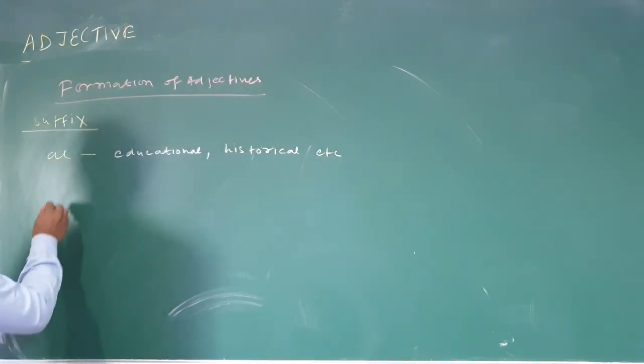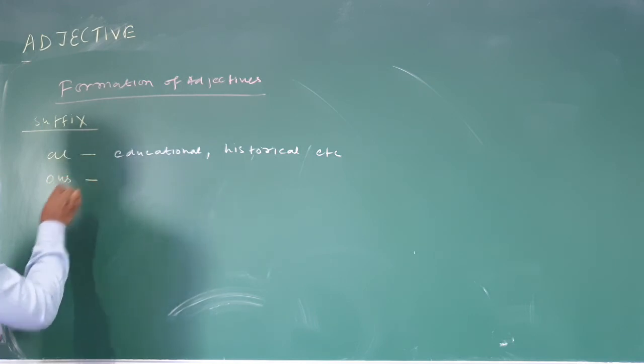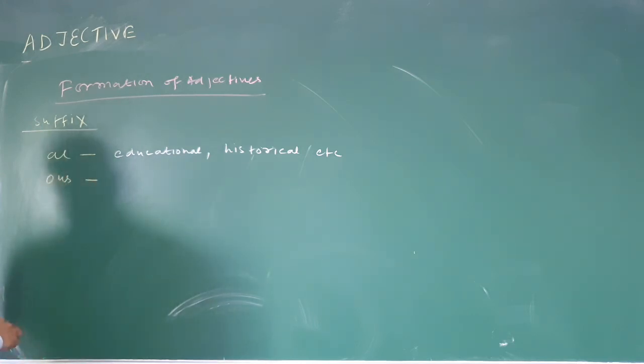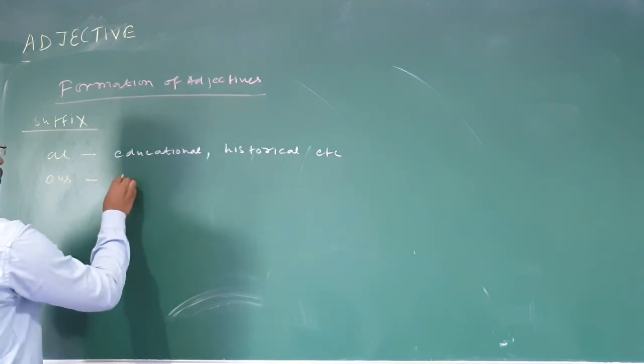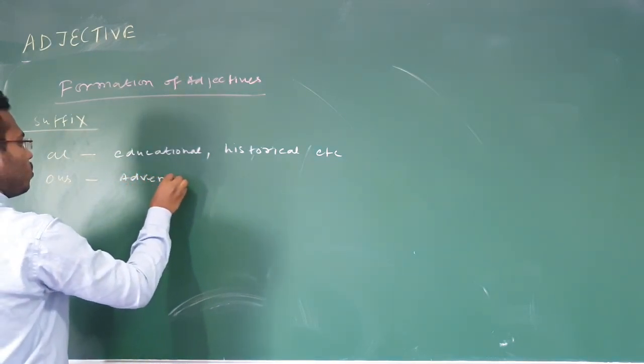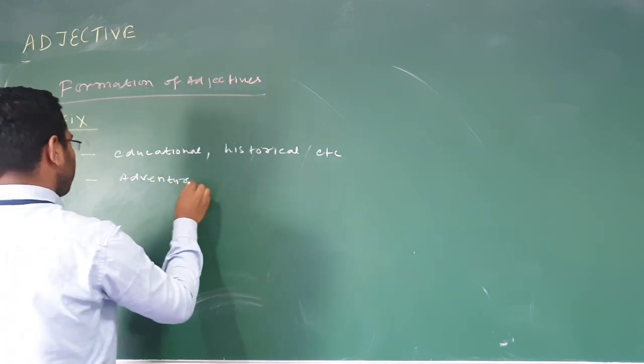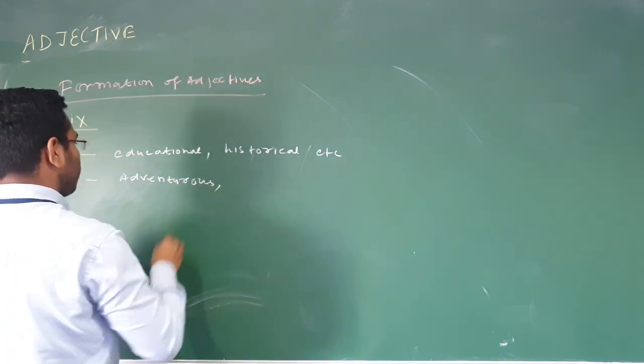Further, if I say another suffix, we have ous, and for example, if we say adventurous, right, adventurous.